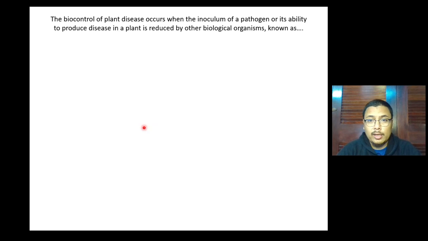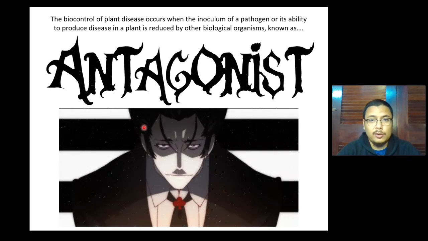These biological organisms that can control the pathogen in the soil are called antagonists. Okay, don't get confused. In a movie, an antagonist is the bad guy, but soil scientists and soil ecologists use antagonists as the good guys. They are the good guys for the plant, for the environment, and for us. They are the antagonists for the pathogens.